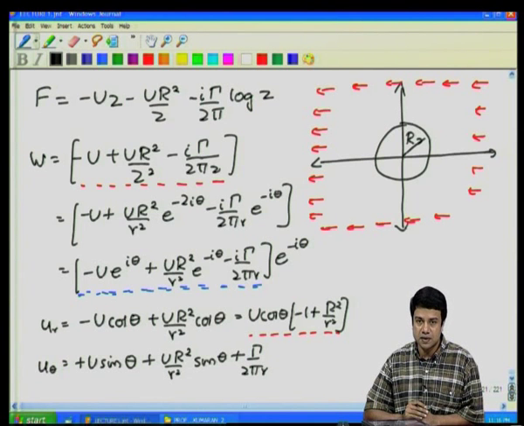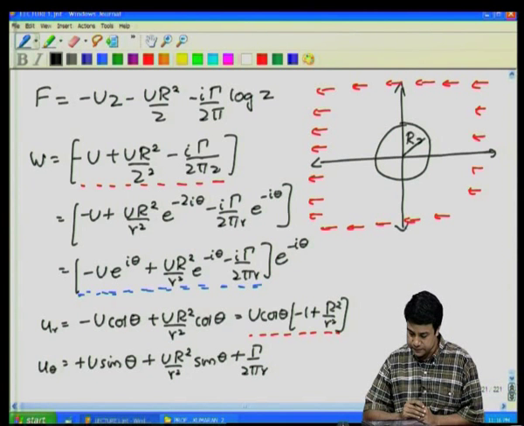For this particular circle, the radial component of the velocity is perpendicular to the surface. So, at a circle of radius R, or in 3 dimensions a cylinder of radius R of infinite extent, the radial velocity u_r is identically equal to 0. So, that means that there is no normal velocity at this surface.